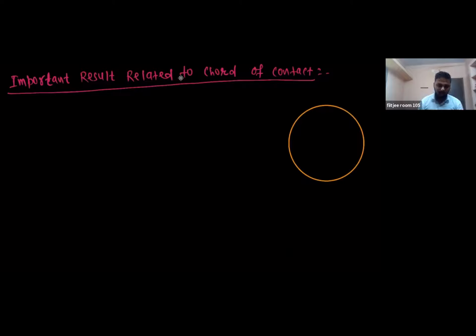Okay, let's start it. What I am doing here, I am taking one point P here. I have point P, I have point A, I have point B. All of you can see the diagram.